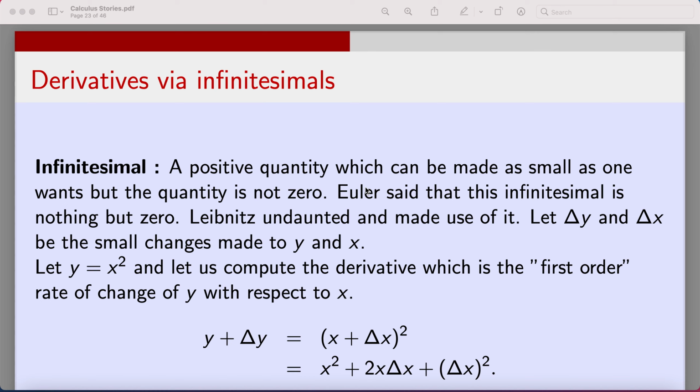A positive quantity which can be made as small as one wants, but that quantity is not zero. Of course, Euler didn't like this kind of definition, and he said that this is nothing but zero. But Leibniz and Newton, who were contemporaries, were much earlier than Euler, of an earlier generation. So Leibniz, undaunted, made use of it.